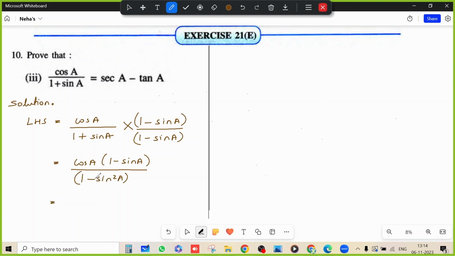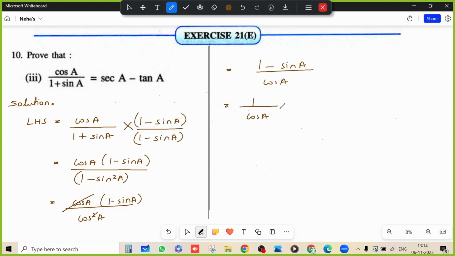Now we know that 1 minus sin square A is equal to cos square A, because sin square theta plus cos square theta is equal to 1. Therefore, 1 minus sine square theta is equal to cos square theta. Now, cos A in the numerator will get cancelled out with the cos square A in the denominator. So, here it will become cos A in the denominator now, and the numerator will become 1 minus sine A divided by cos A. Now, we will divide it individually.